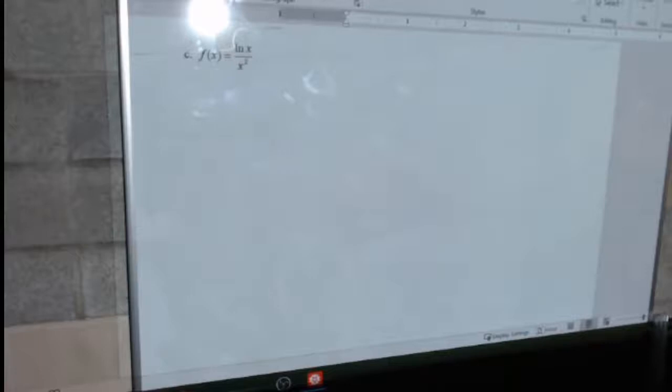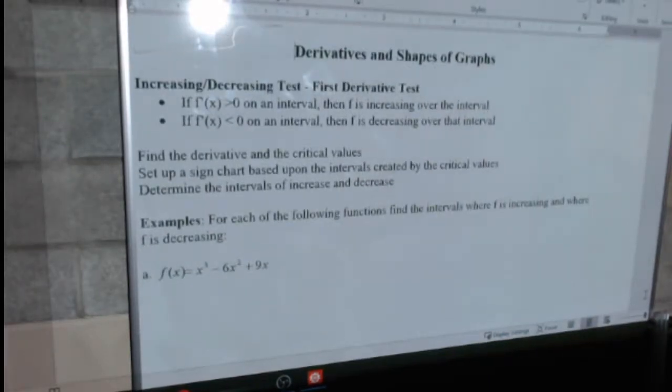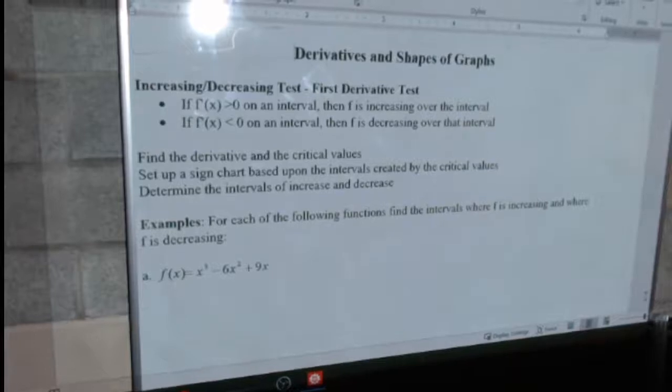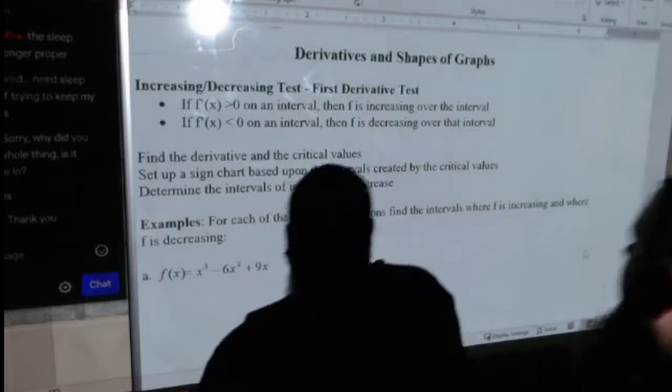Increase the size slightly. Okay. Somehow it's all the way at the bottom. All right. Let me just get my chat back. Okay. All right.